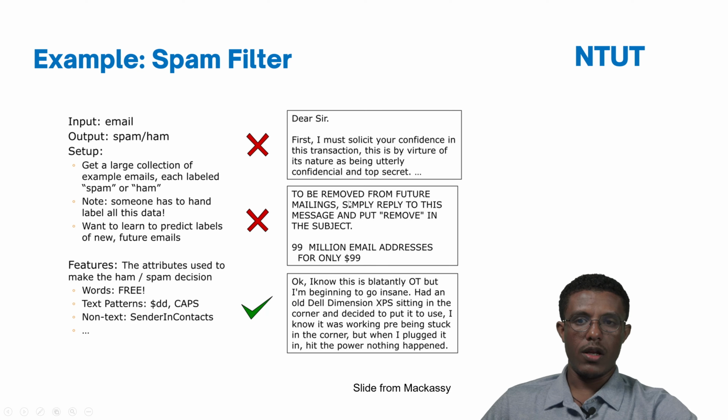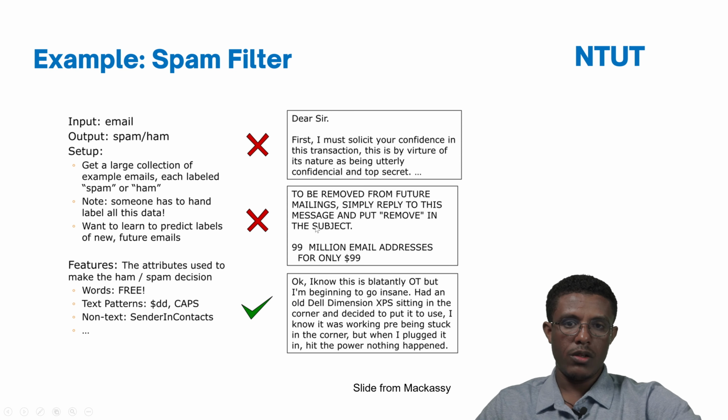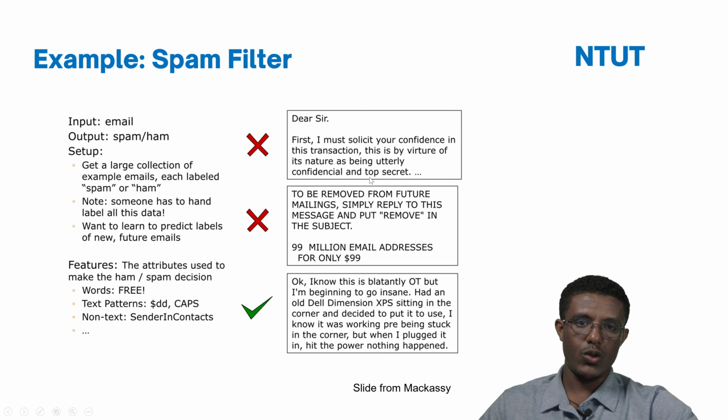This is also an example in spam filtering, for example, categorizing emails as normal or spam. Based on the email, we can read it and identify which one is spam and which one is normal.